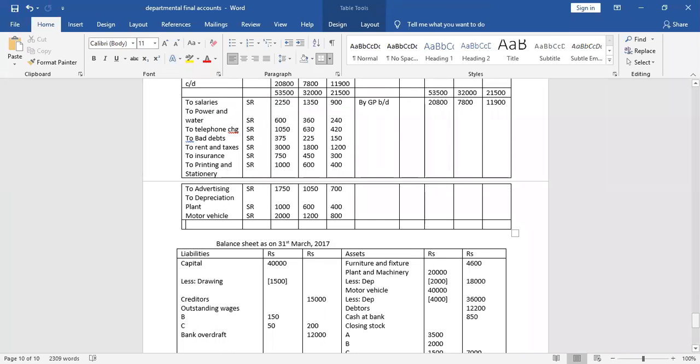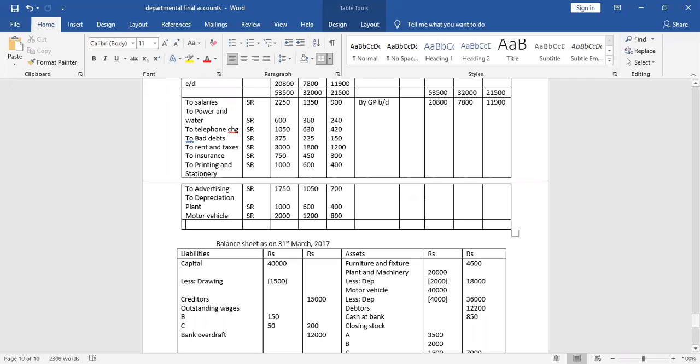Are we getting net profit or net loss? Just take the total of all the Department A debit side items. 2250, 600, 1050, 375, 3000, 350, 1000, 1750, and 1000 and 3000.